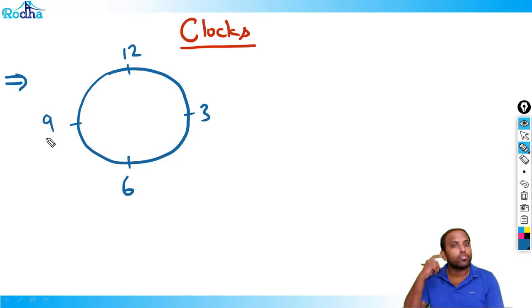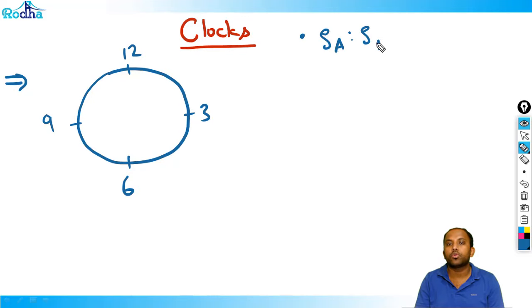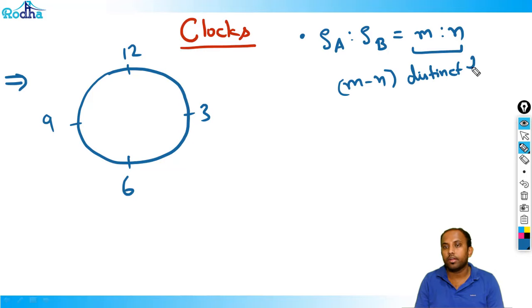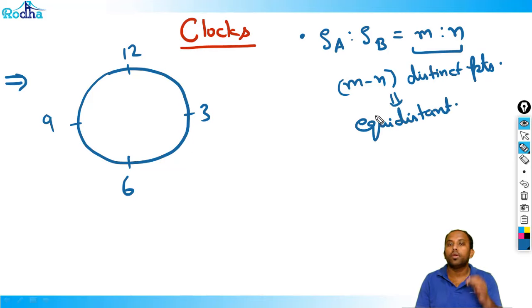From the concept of circular tracks, we know that whenever two people are running in the same direction, and their speed ratio is m/n, they will meet at m-n distinct points on the track, and those points will be equidistant. Right? So this we know by circular tracks.